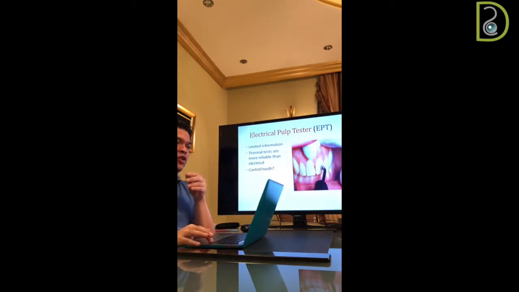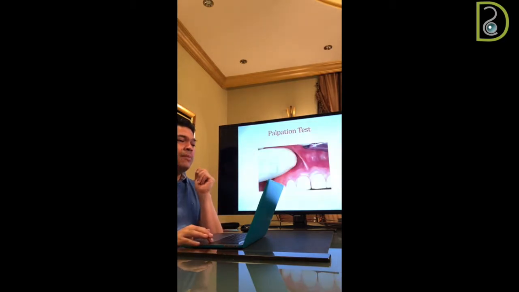The fourth exam is the palpation test. Usually you palpate in front of the apex of the tooth, because from this examination we can discover whether you have an apical abscess or a problem apically.